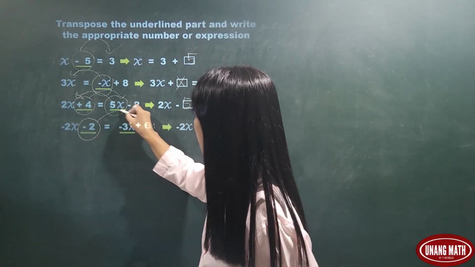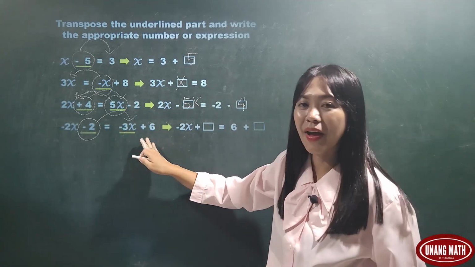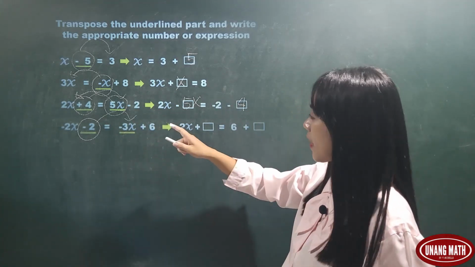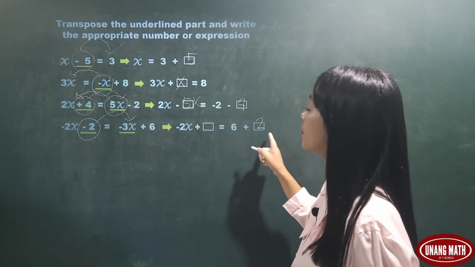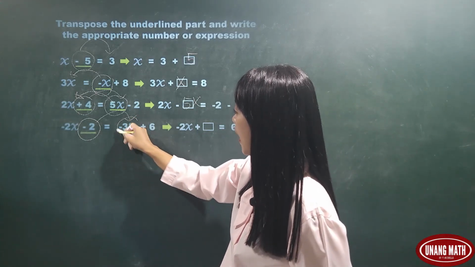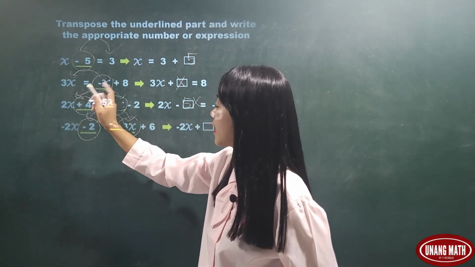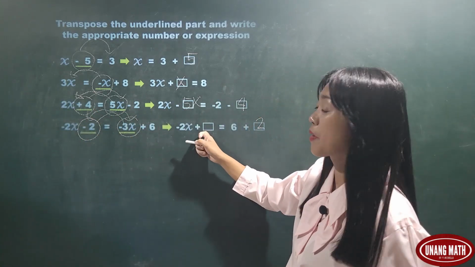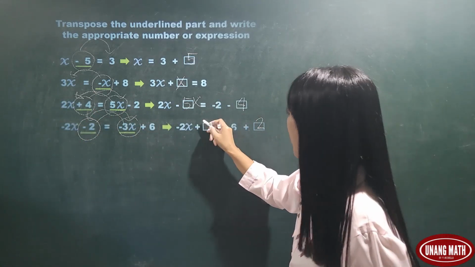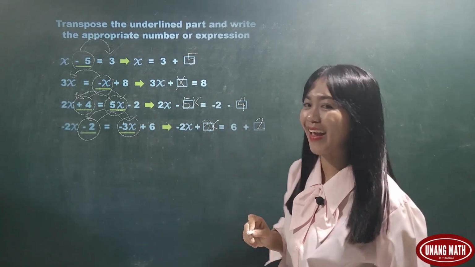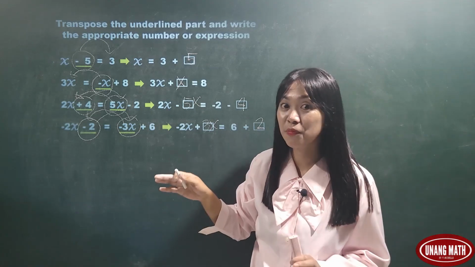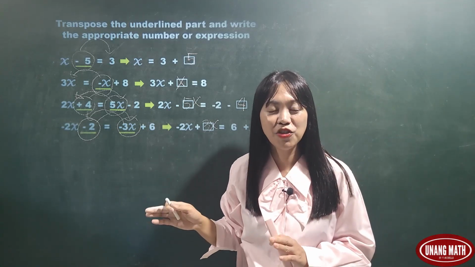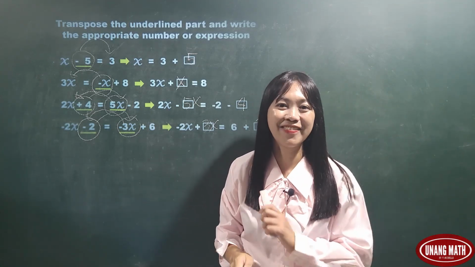Negative 2, we have to transpose on the right side of the equation, so it becomes positive 2, so plus 2. How about negative 3x? Transpose on the left side, so it becomes positive 3x. So plus 3x. So that's how to transpose terms from one side of the equation to the other side of the equation.